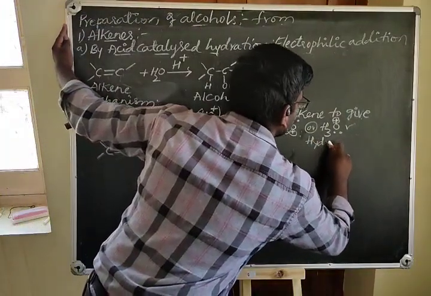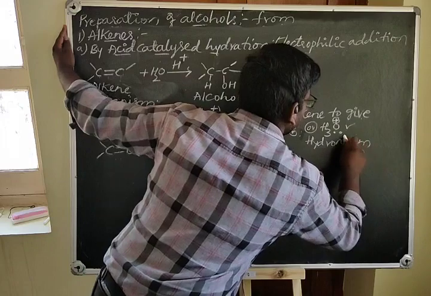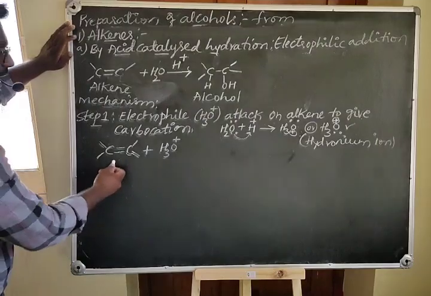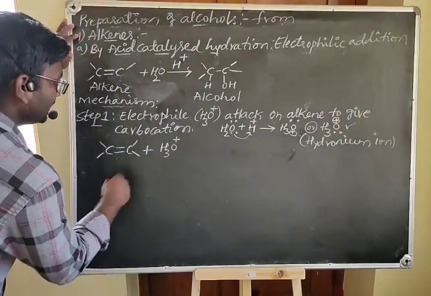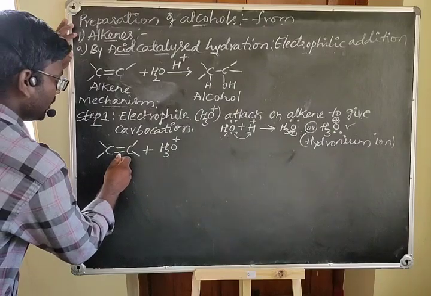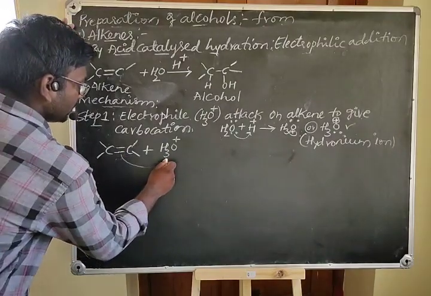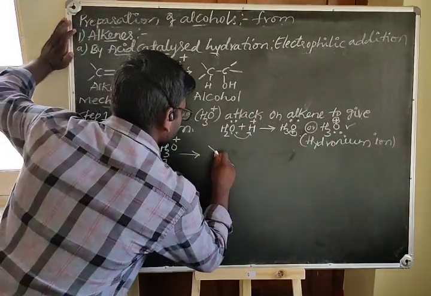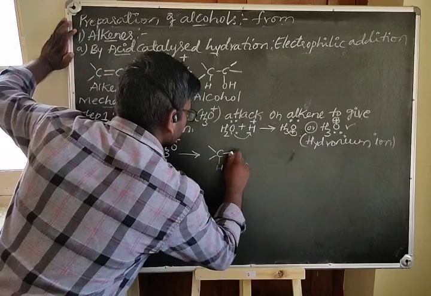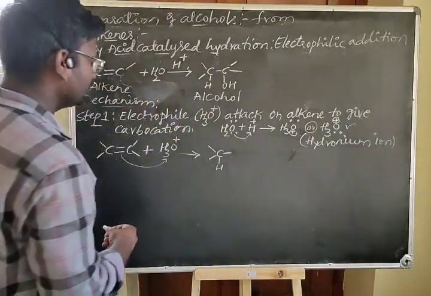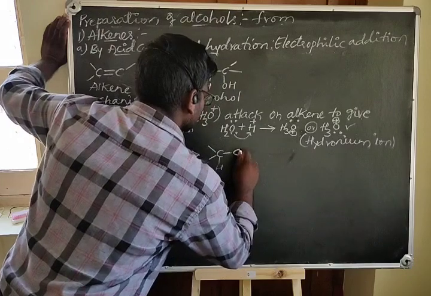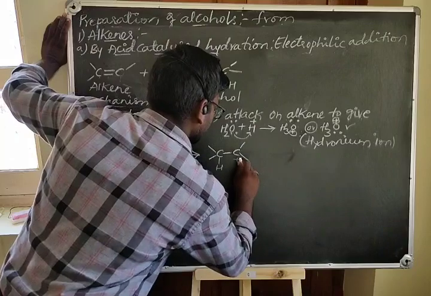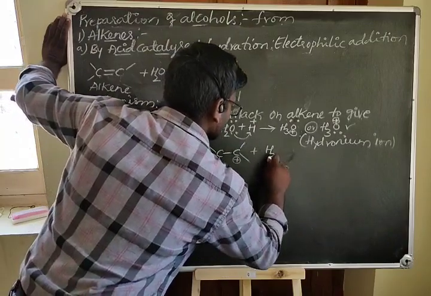Now that electrophile is called the hydronium ion. The hydronium ion attacks this alkene. How does it make bonding? Here one of the pi bonds moves and takes the hydrogen, and becomes this. During the addition reaction, the double bond is converted into a single bond, and here it forms the carbocation plus H2O.